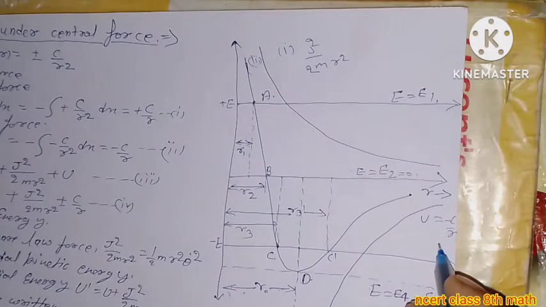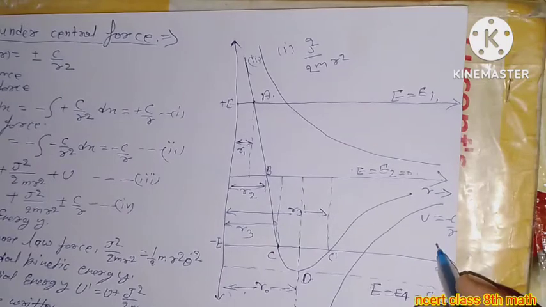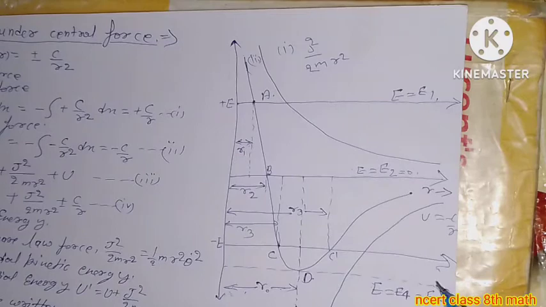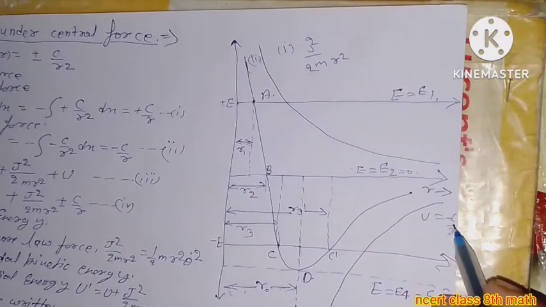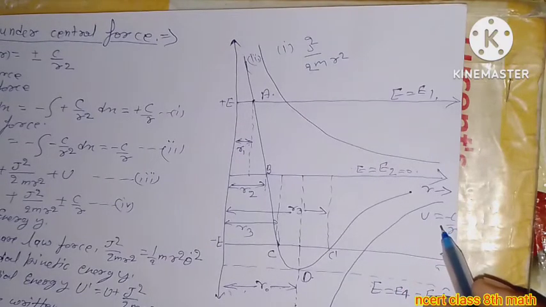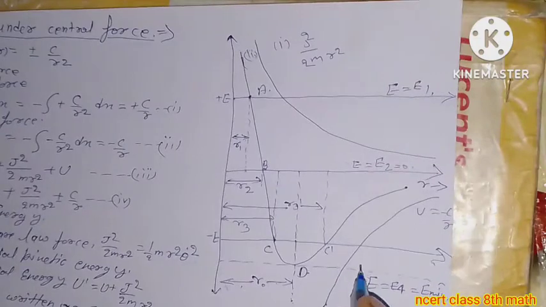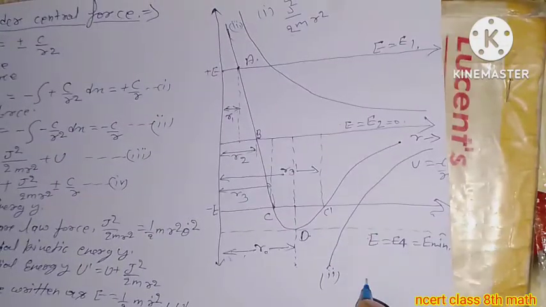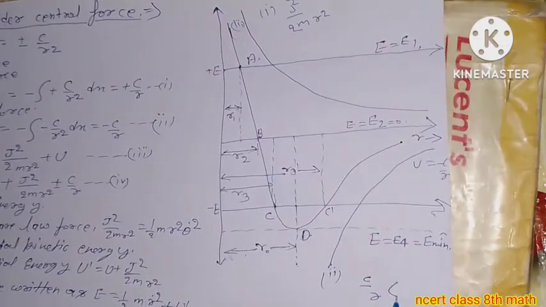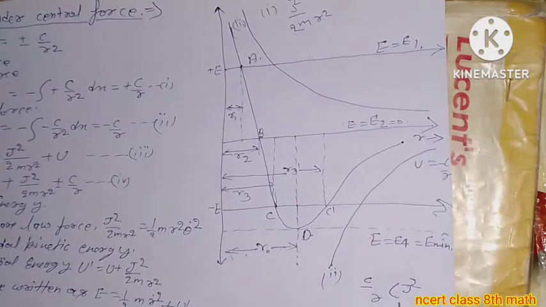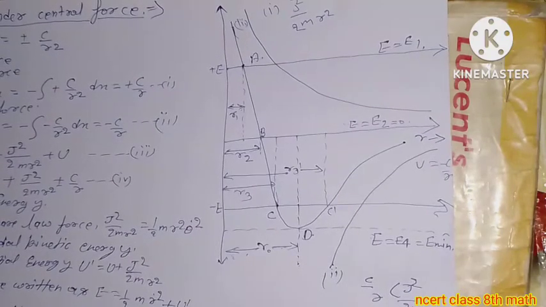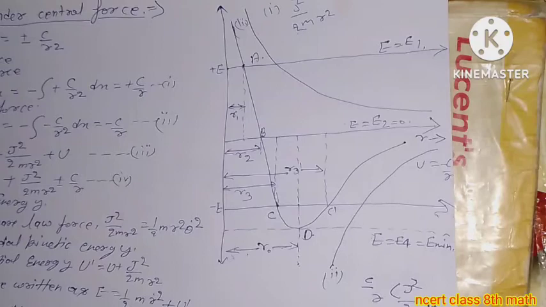As U is a negative quantity, U dash can have positive, 0 or negative value for C upon R. When C upon R is less than J square upon 2mr square, U dash is positive.